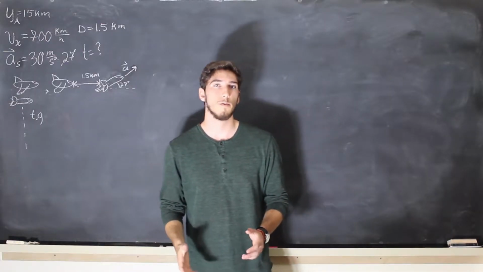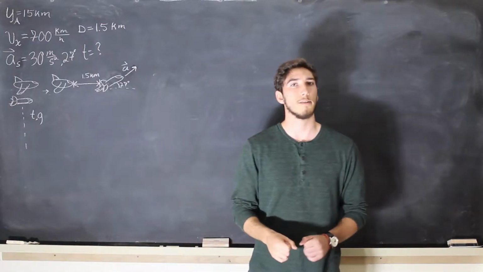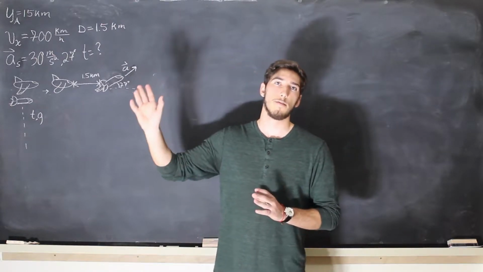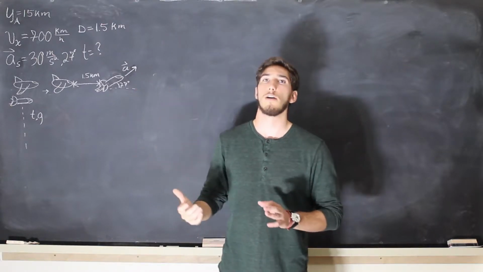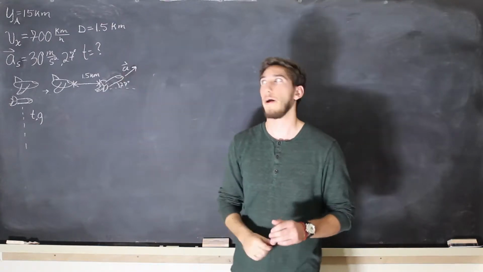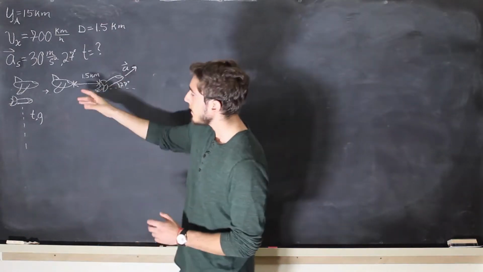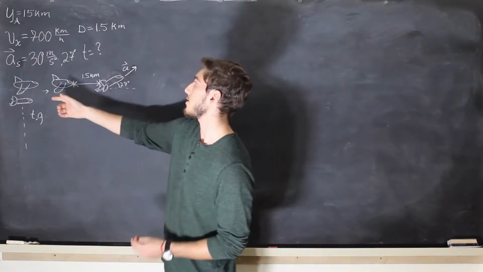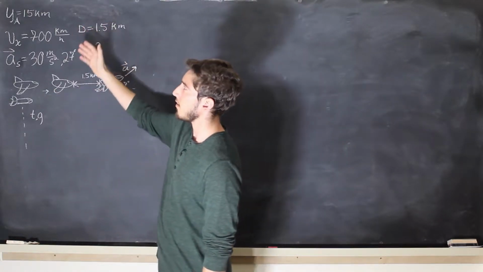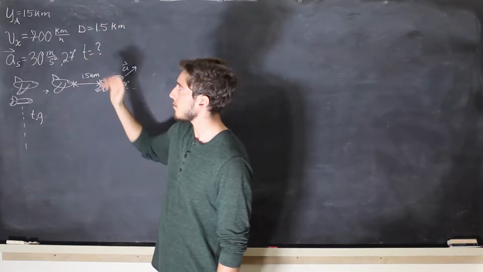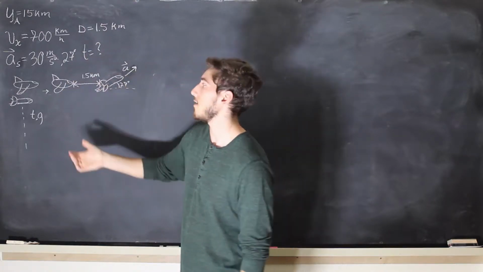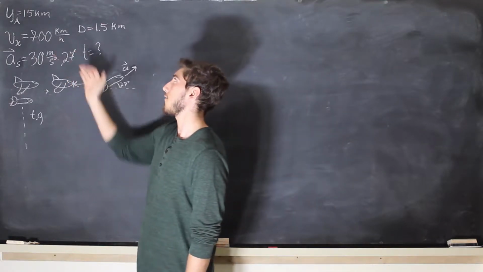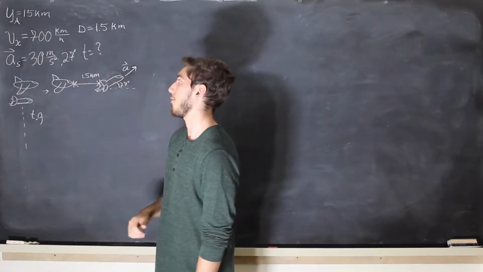Okay, so in this problem, we want to put a satellite into space. So we strap a shuttle to an airplane, and the airplane takes off, and then it releases the shuttle, and then the shuttle goes the rest of the way. So the plane is initially attached to the shuttle, and it travels up to 15 kilometers in altitude, and it reaches a velocity in the x direction, or in the forward direction, of 700 kilometers per hour.